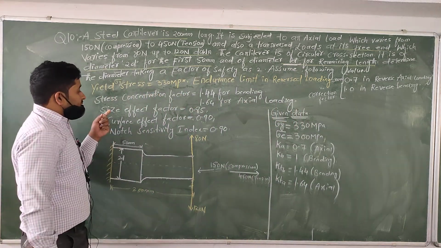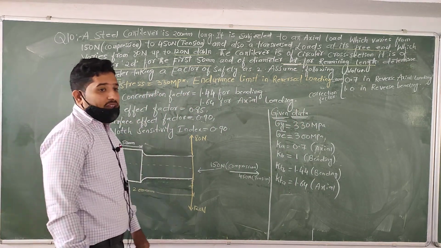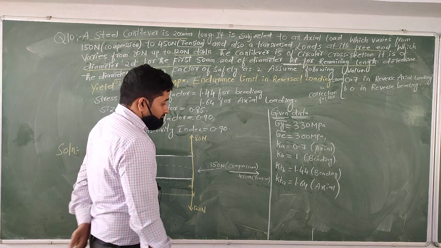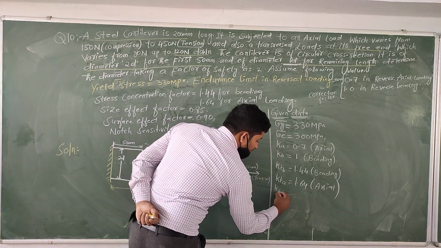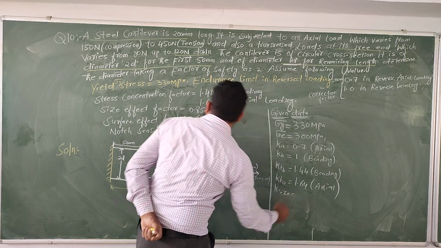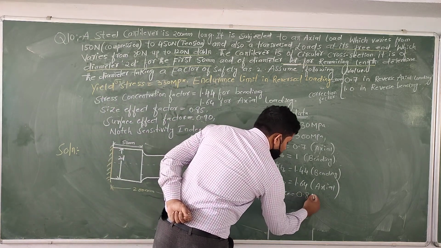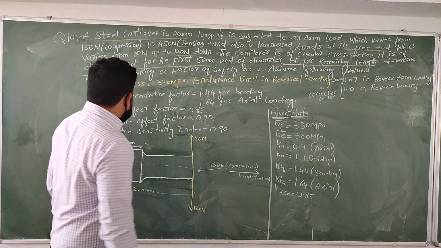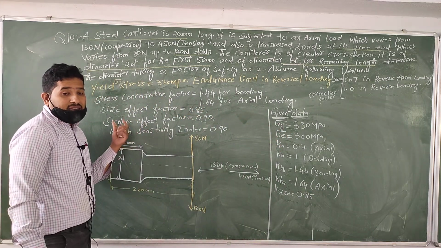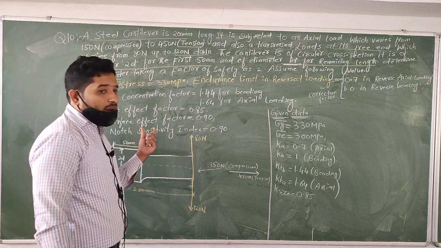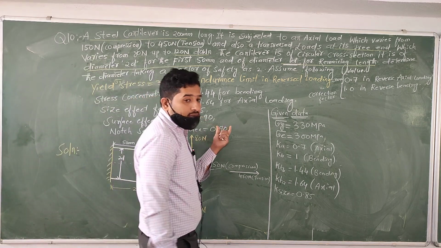As well as the size effect factor. How much is given here? The size factor is given as 0.85, and the surface effect factor, the surface finishing factor of the material, is given as 0.90.